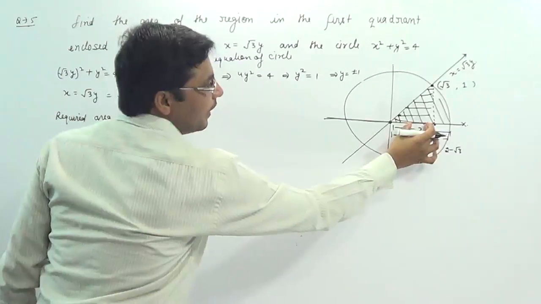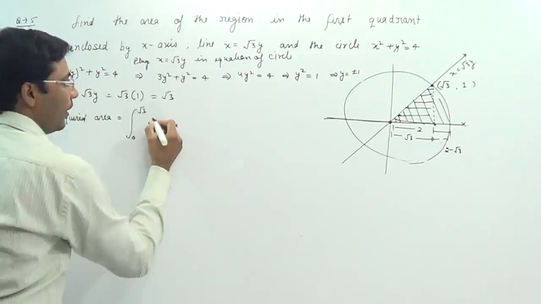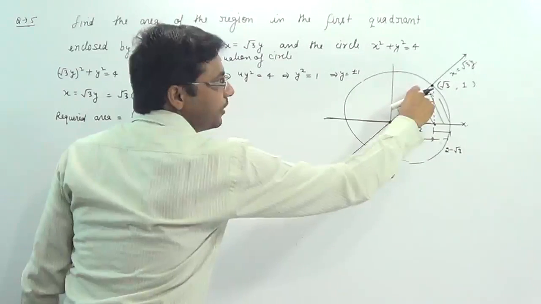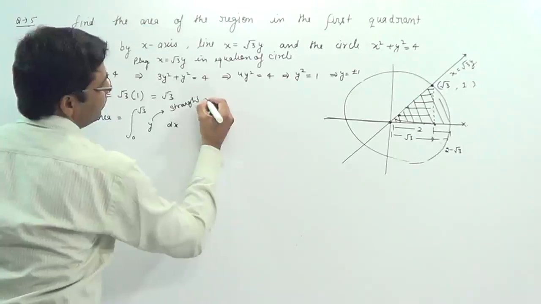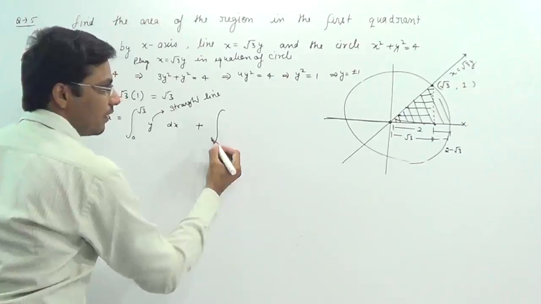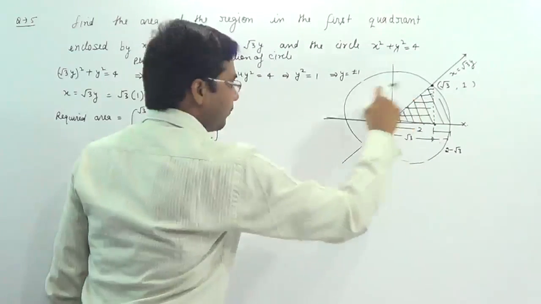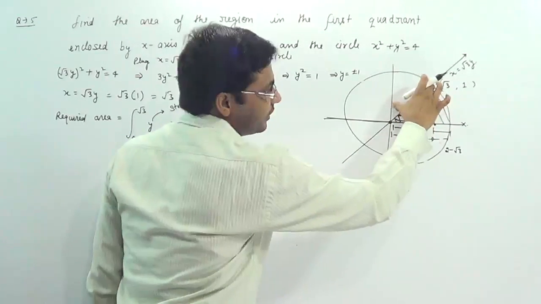We have taken limits on the x-axis, so we will write dx, and y of this straight line. With the help of this equation, we can calculate the area under this straight line.